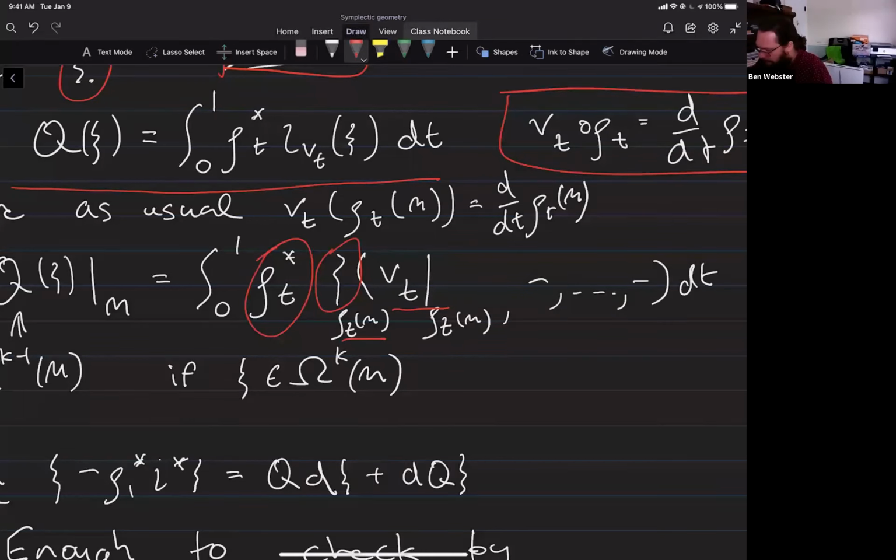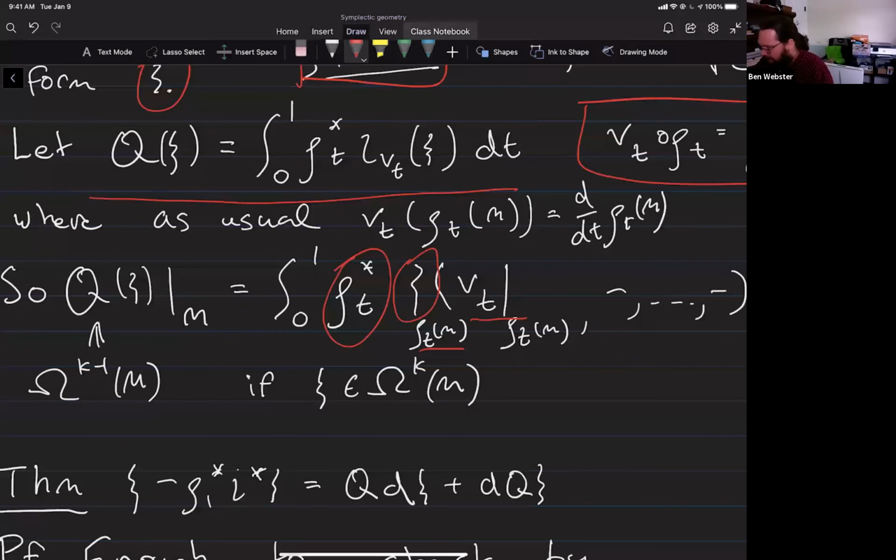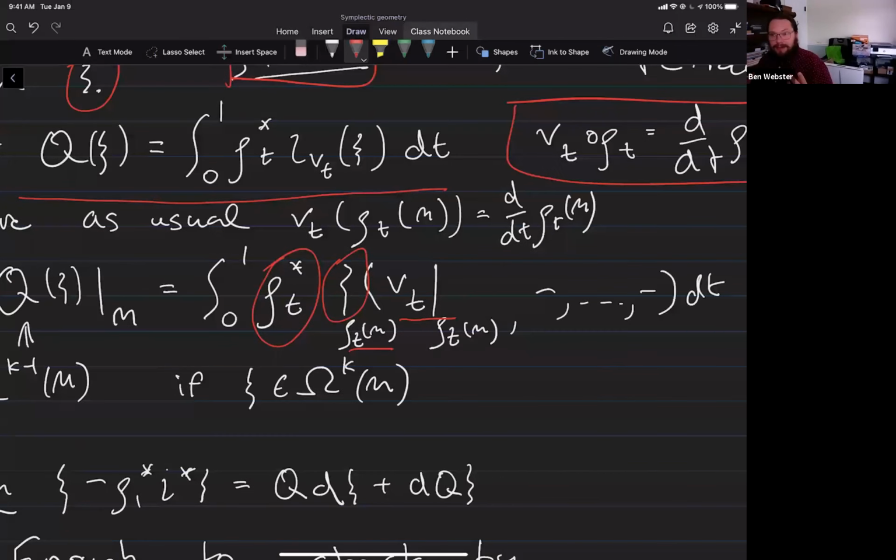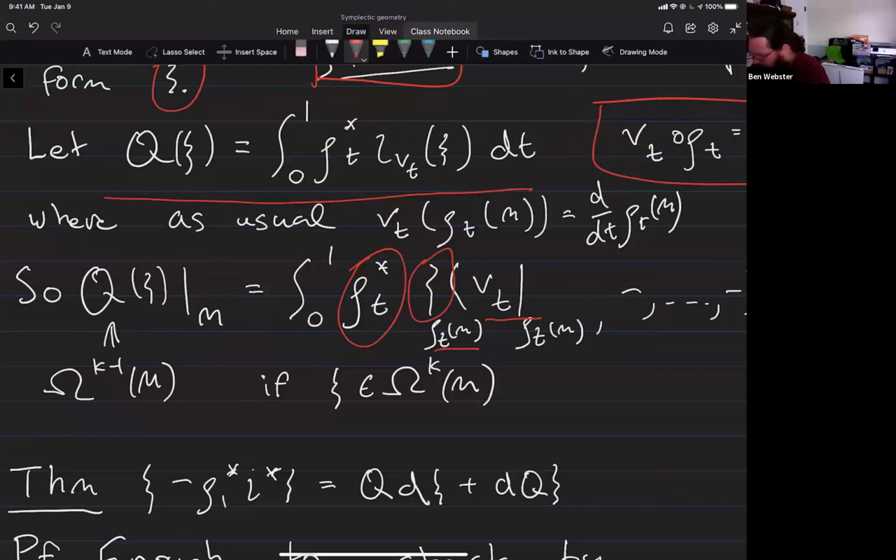All right. So here, that's exactly what I'm doing. Everything that shows up inside this integrand is an element of the vector space of k forms at the point m. I integrate from 0 to 1, and I get a k-1 form. It's k-1 because I contracted against the velocity vector. This is a slightly strange formula, but it's a really useful one.